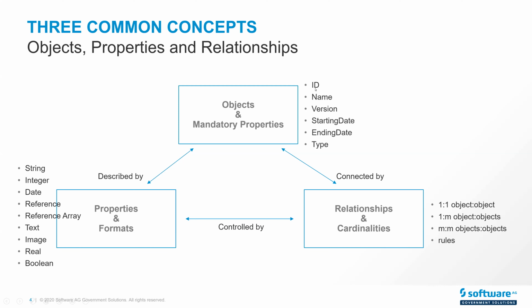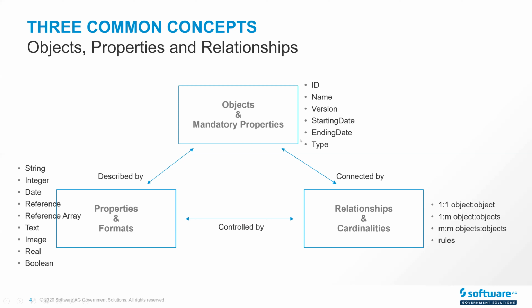And so, for example, those typical mandatory properties are name, version, starting date, ending date, and type of object. So a type would be an application object or a business process object. And an ID, while it's a mandatory thing, you might not have that ID until you actually create it in the repository. So that ID is typically created for you.